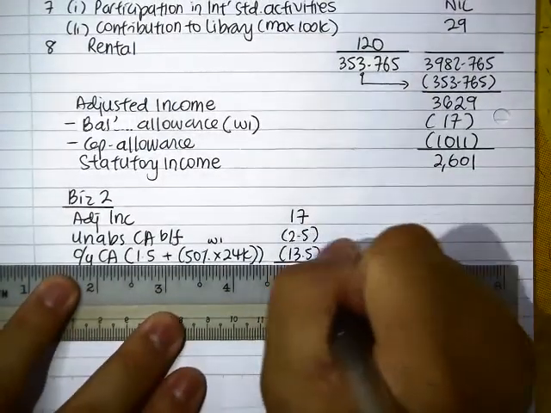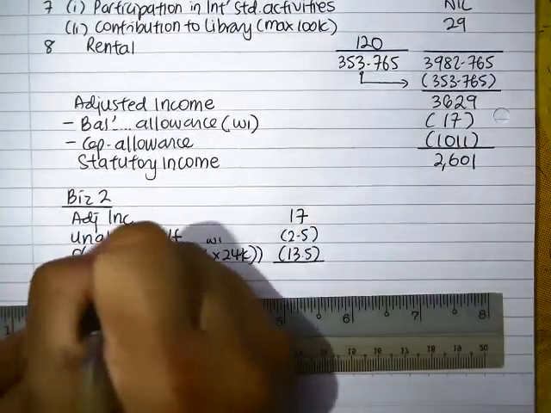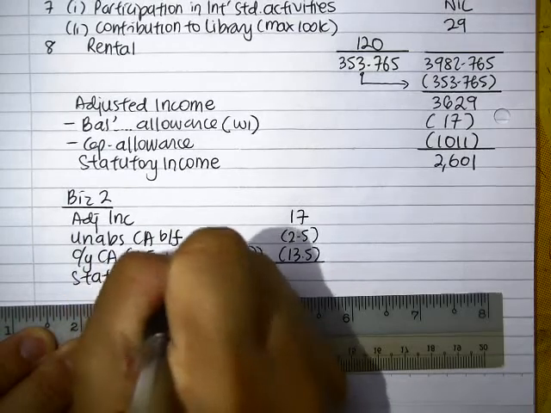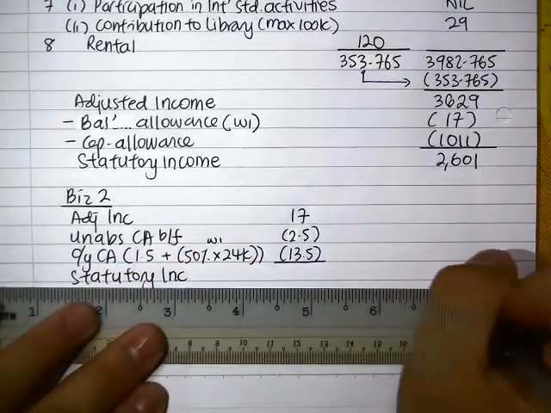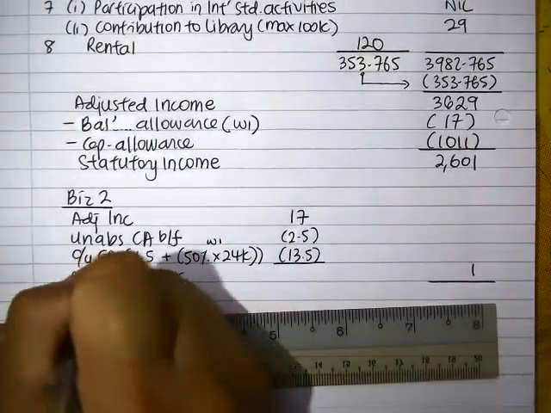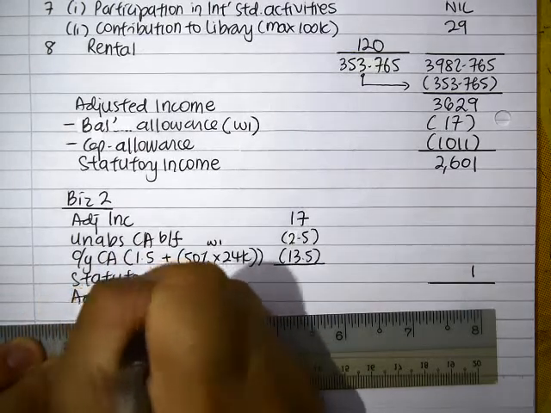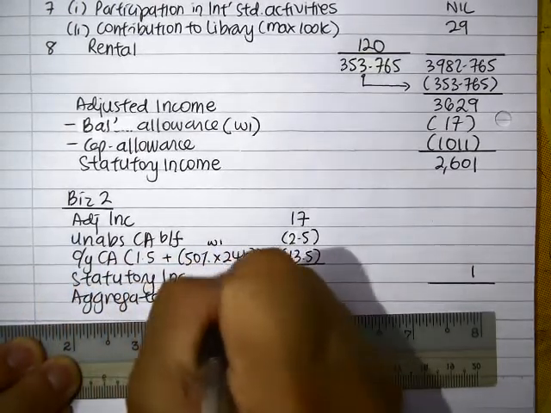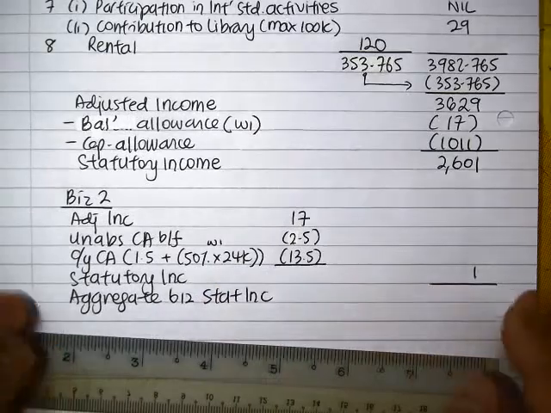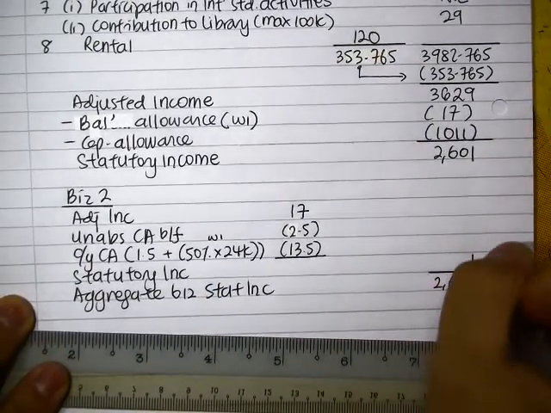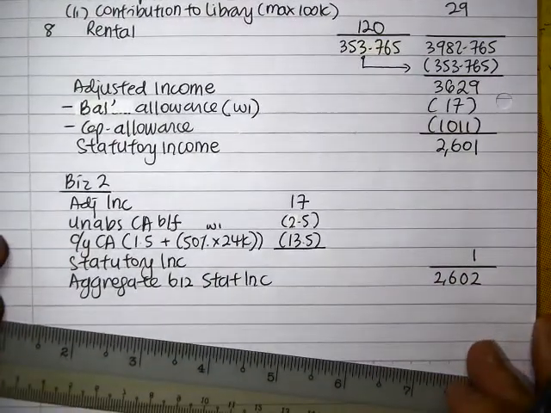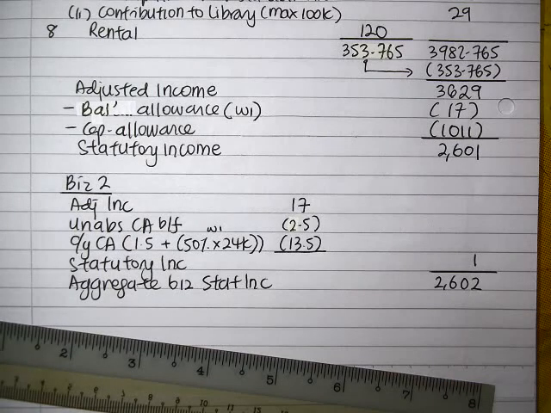So you're left with 1,000. So aggregate business statutory income is 2602.